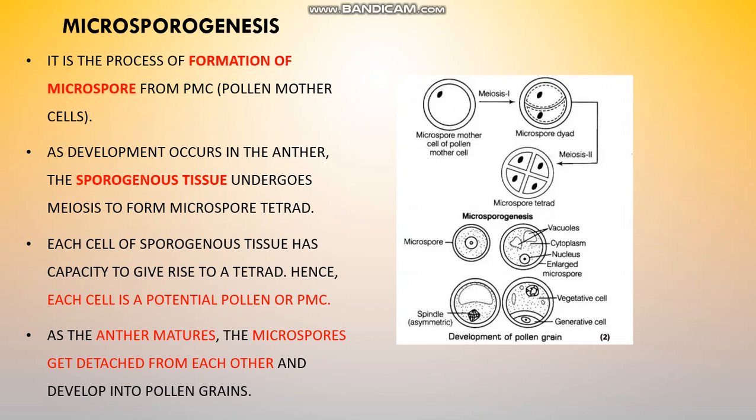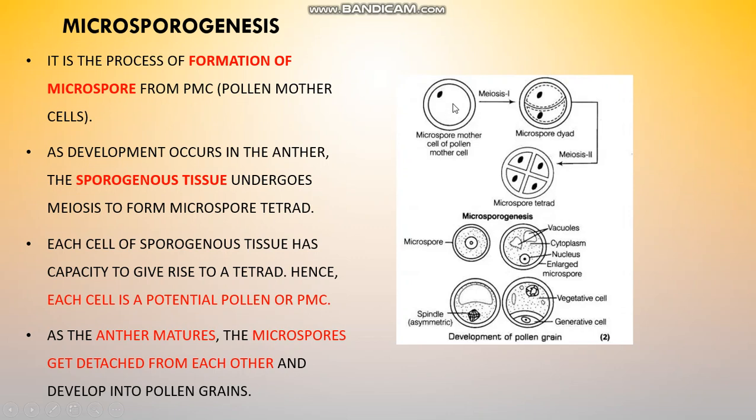Now, as microspores continue their development, they mature and form the pollen grain. Initially, they are associated with each other. Later on, they dissociate from each other, and each single microspore develops into a mature pollen grain. In exam, you get a question on microsporogenesis. What is microsporogenesis, or how microspores are formed from the microspore mother cell?